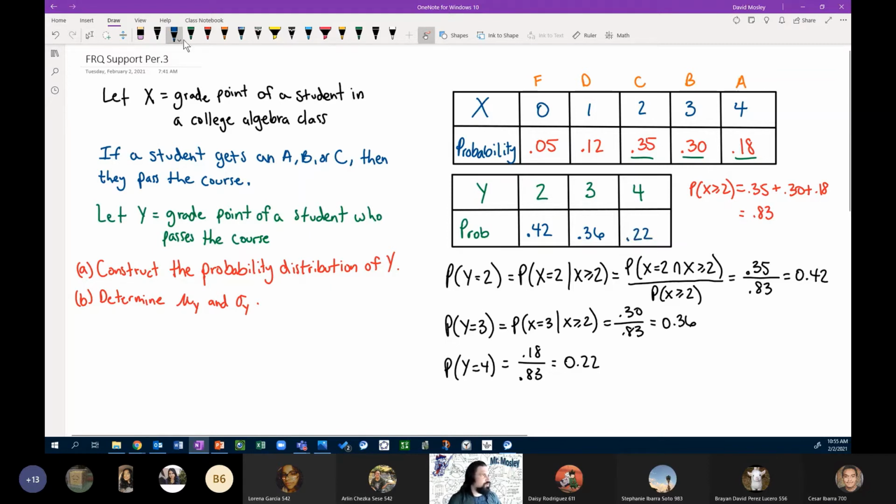And we also want to check that things worked out as they were supposed to. And we see that 0.42 plus 0.36 plus 0.22 equals 1. That means I have a valid probability distribution. Everything worked out as it was supposed to. Excellent.